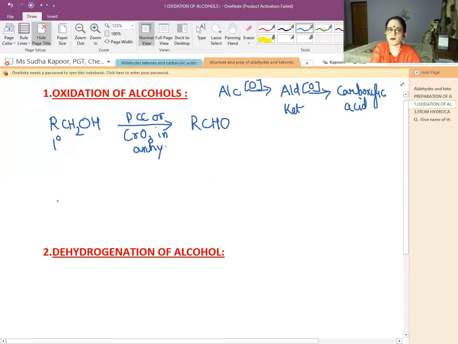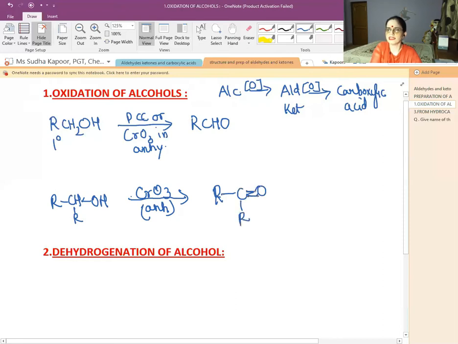But when we are talking about the 2 degree alcohol, that is R, CHR and OH, mainly we use CrO3 in anhydrous medium. So in place of aldehyde, we will be getting the ketone.